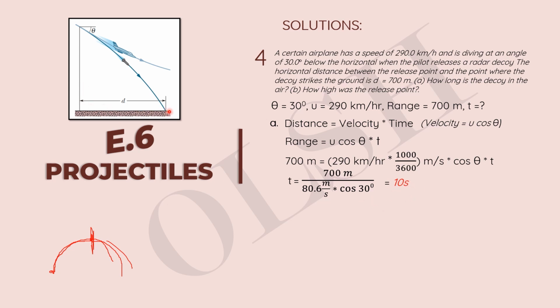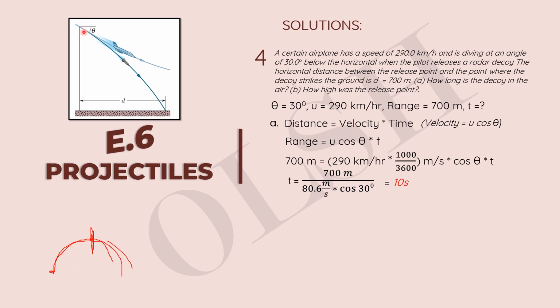Let me go over this again. For projectiles, we need to understand that you have vertical motion and horizontal motion going on at the same time, because it's two-dimensional. So you can have a vertical component of velocity and a horizontal component of velocity at any point in time. Now, these questions don't involve the full parabolic shape of the projectile.